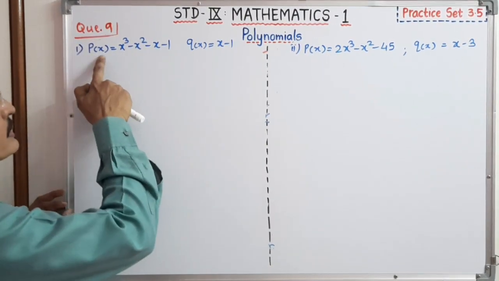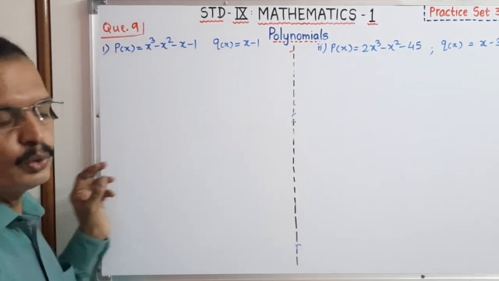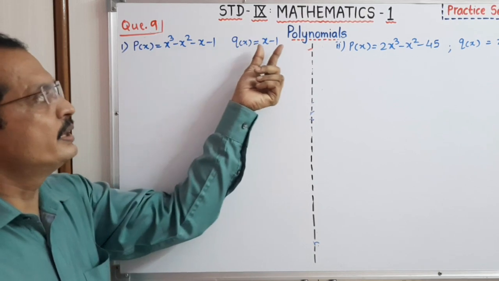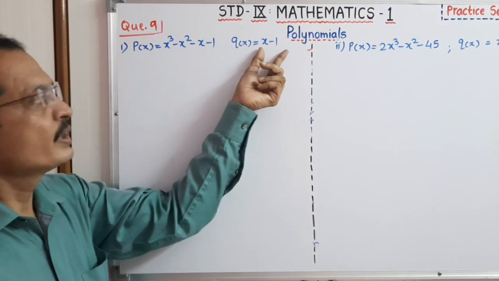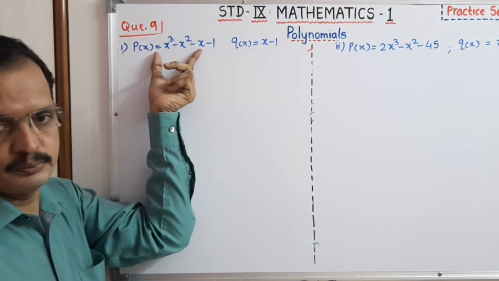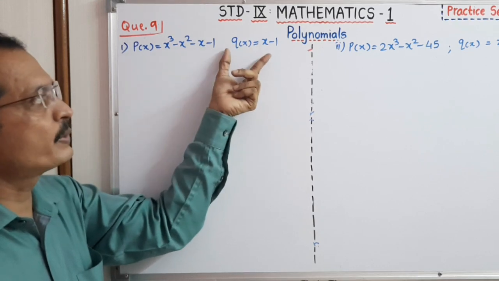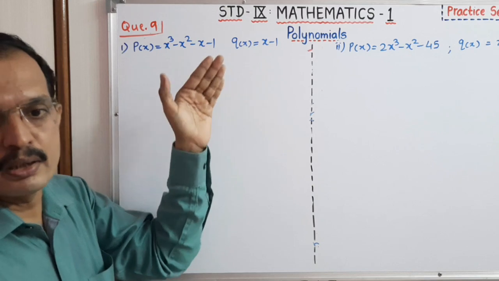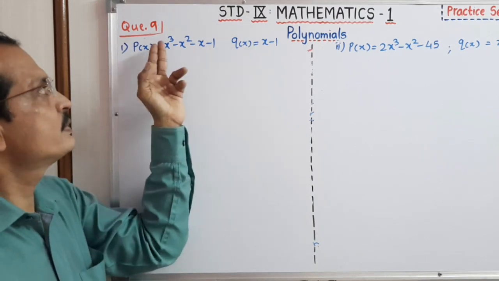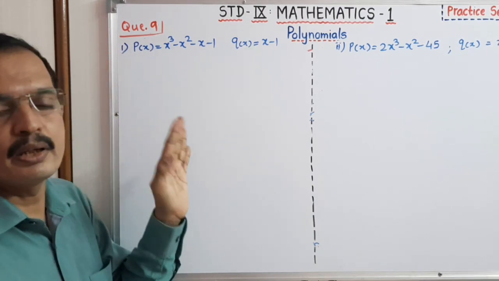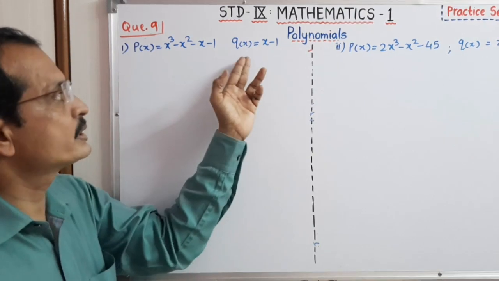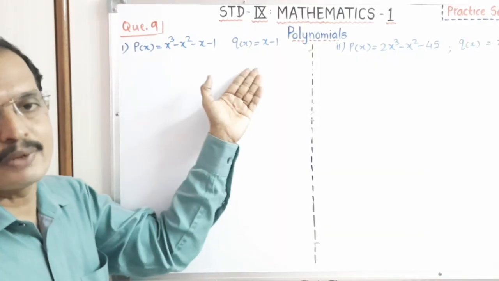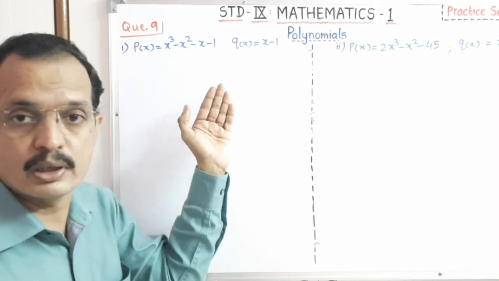Two polynomials are given and we have to decide whether x minus 1 is a factor of this or not. For that purpose we have to find out the remainder. If the remainder is 0, then q(x) is a factor of p(x). If the remainder is not 0, then q(x) is not a factor of p(x). That means to decide whether it is a factor or not, we have to find out the remainder.